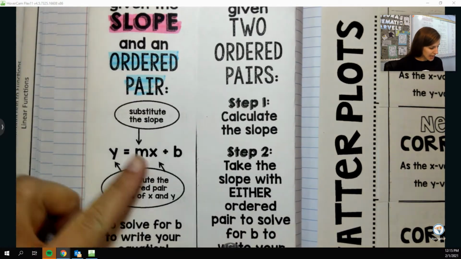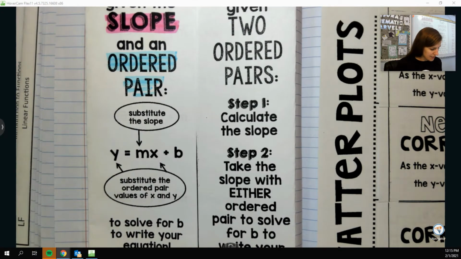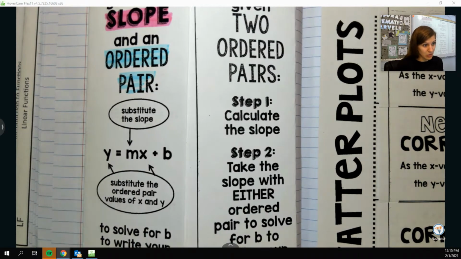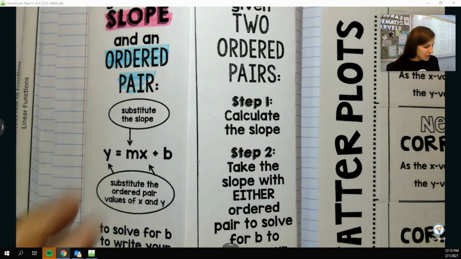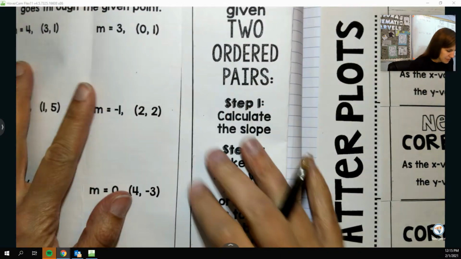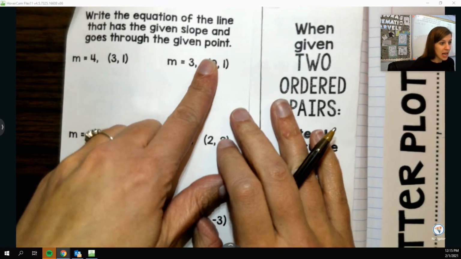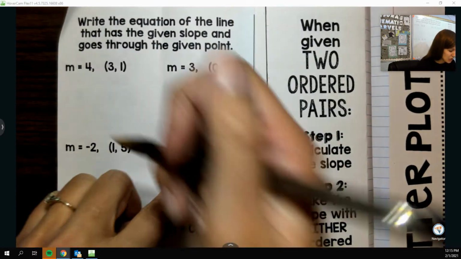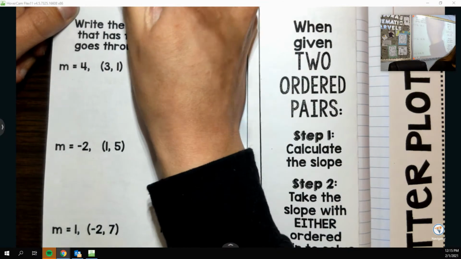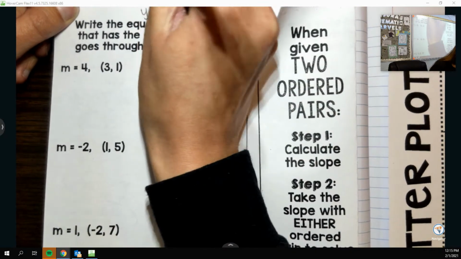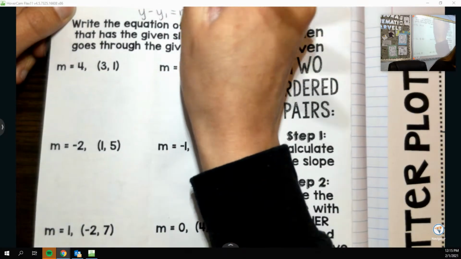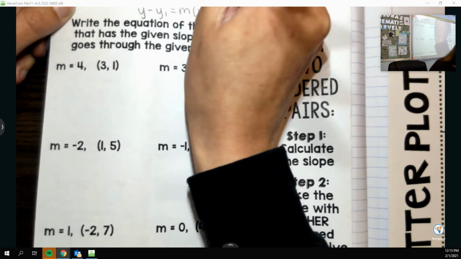This has us doing it a different way that I don't love, but I will show you. If they give me the slope and a point, I really prefer to put it in point slope form, which is that y minus y1 equals m parenthesis x minus x1.